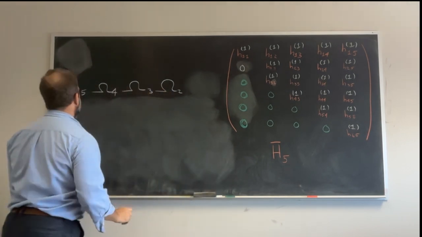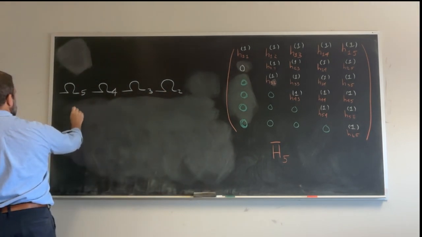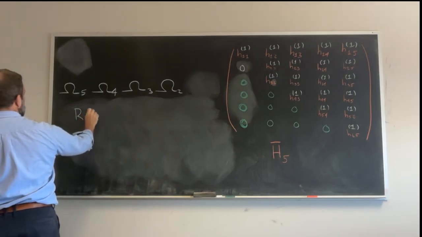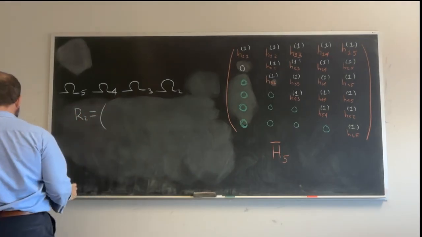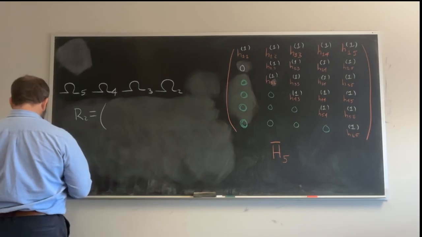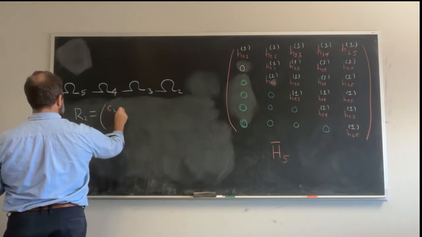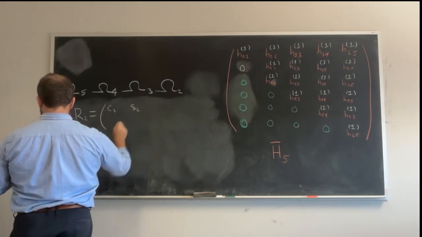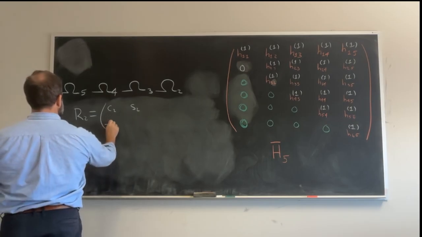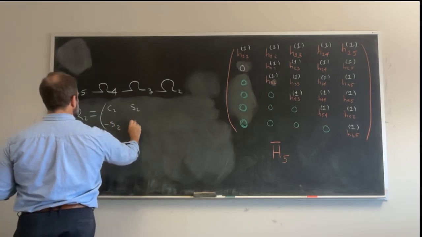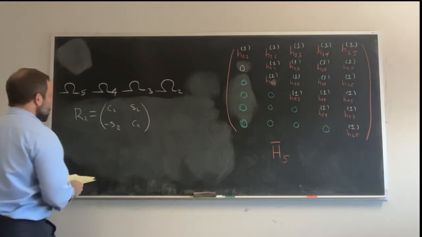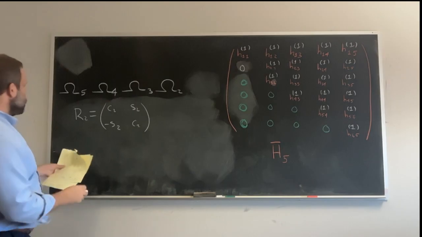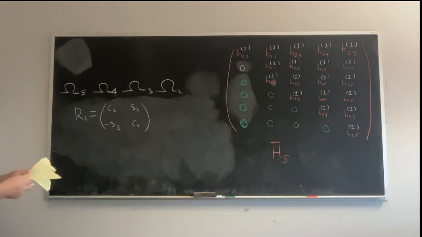Now let's think about what R2 should be. So R2, again, is going to have the same rotation form of the matrix before, with C2, S2, minus S2, and C2. And I'm going to write the formulas for the S's and C's down here.